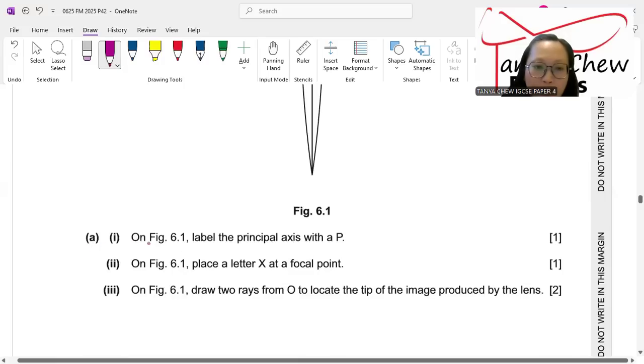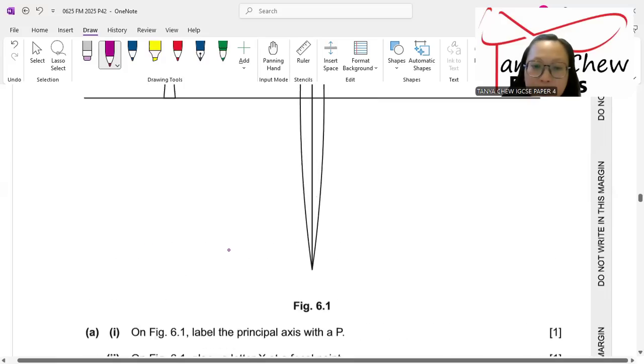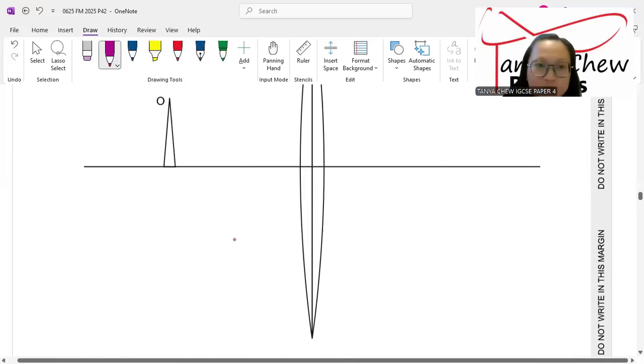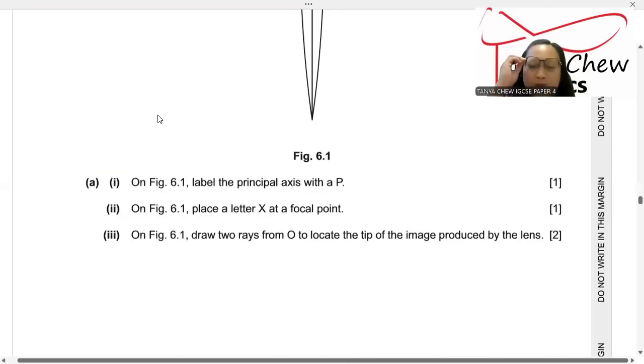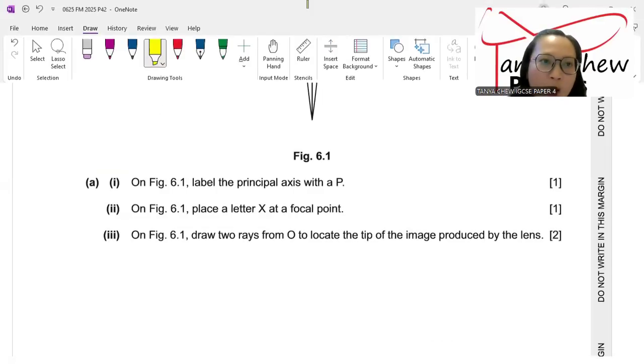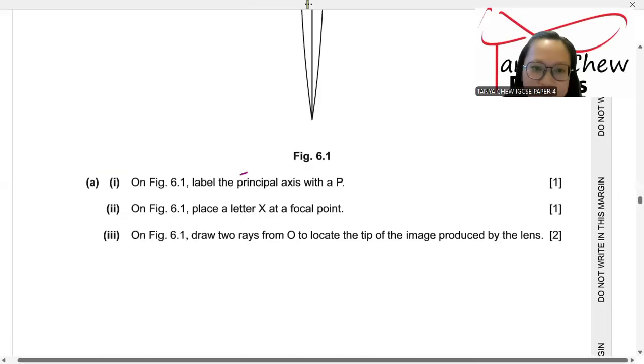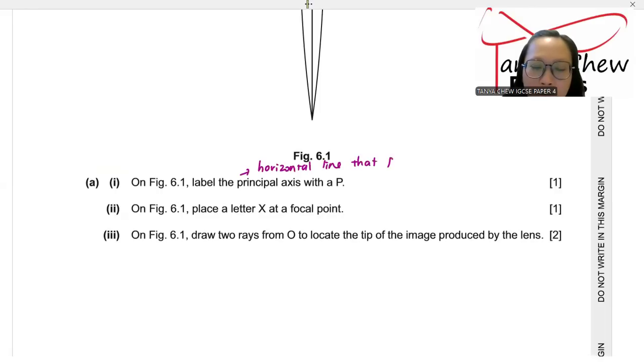Now, part A, part 1: on Fig 6.1, label principal axis. Do you know what is principal axis? The one that I'm going to highlight here is called principal axis. Principal axis is just a horizontal line that passes through the center of the lens.